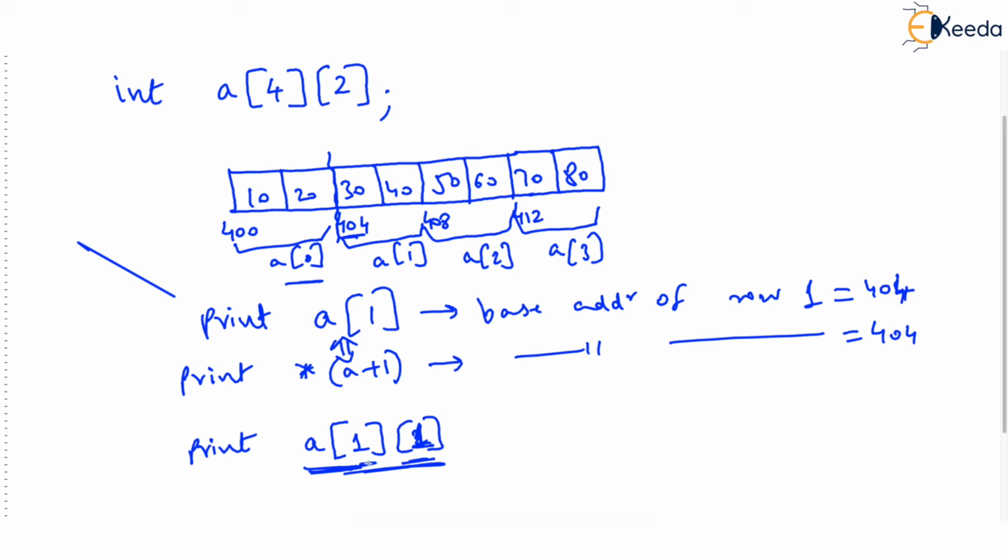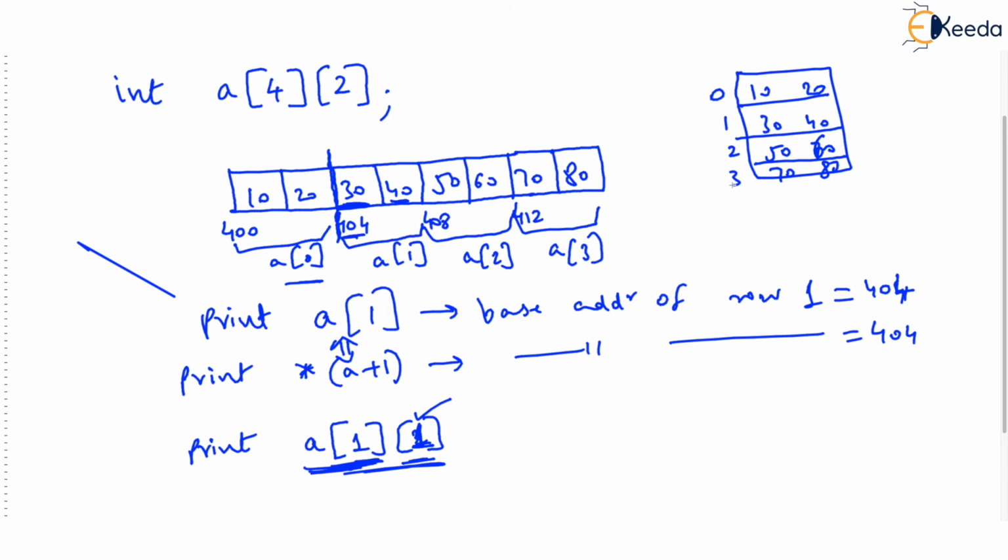So A11 means, first of all, we will have to look into the row 1, and row 1 starts at 404, okay? From this element which I am marking, and in that I want first column. Now first column is indeed storing 40, because you all know that this matrix was shown as 10, 20, 30, 40, 50, 60 and 70, 80. So rows are 0, 1, 2, 3, and the columns are 0, 1.